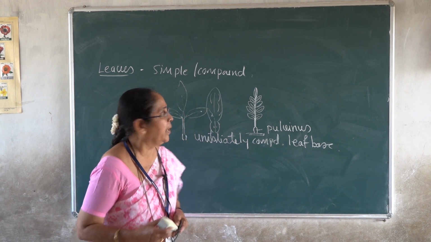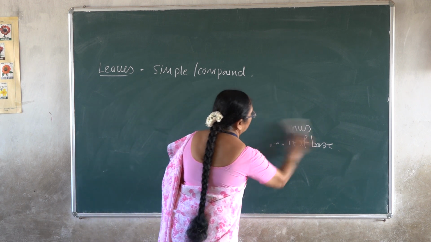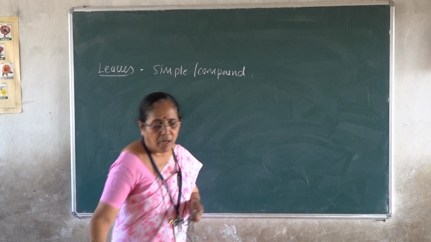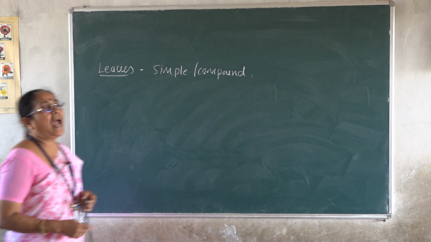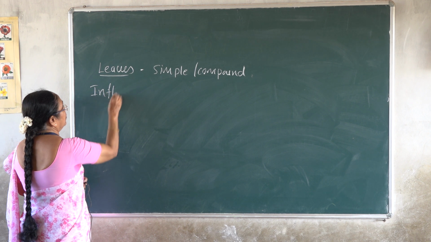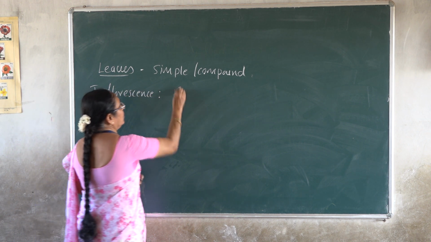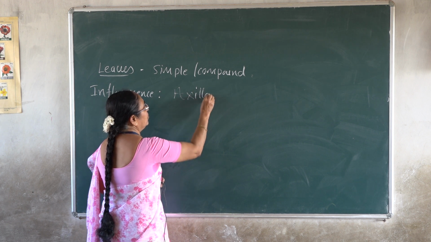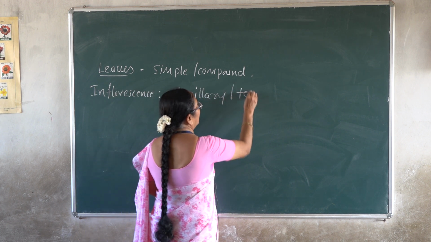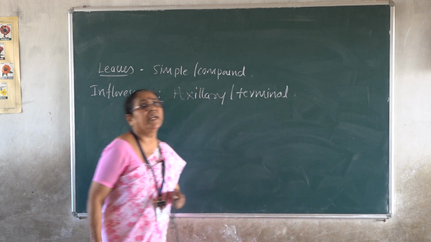Okay. Then the inflorescence of the family members. The inflorescence is either axillary or terminal cymose, panicle.